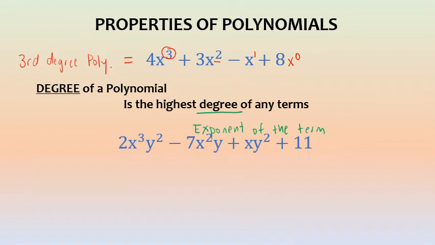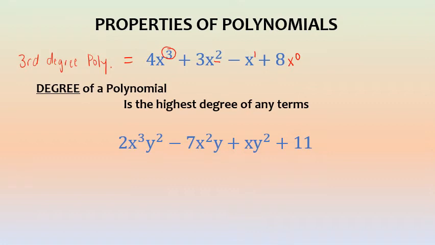What about this one? Let's say we have here 2x cubed y squared minus 7x cubed y, 7x squared y plus xy squared plus 11. So how do we compute for the degree of such polynomial? Paano ito? Sabi natin kanina, di ba? Sa terms, hindi lang siya limited sa isang variable.